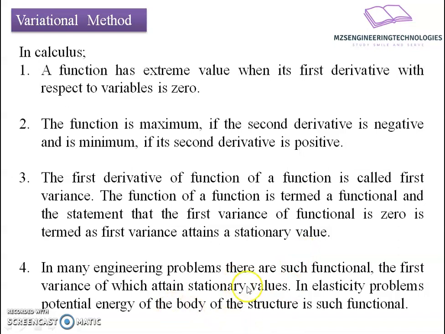In many engineering problems, there are such functionals, the first variation of which attains stationary values. Especially in the case of an elastic problem, the potential energy of a body or structure is such a functional which attains a stationary value when we take its first derivative.